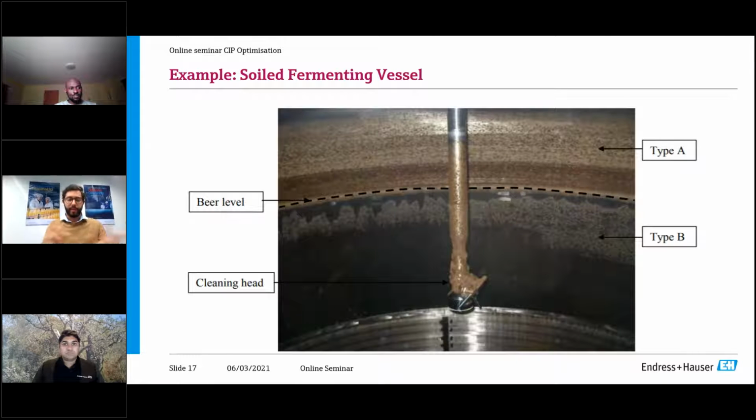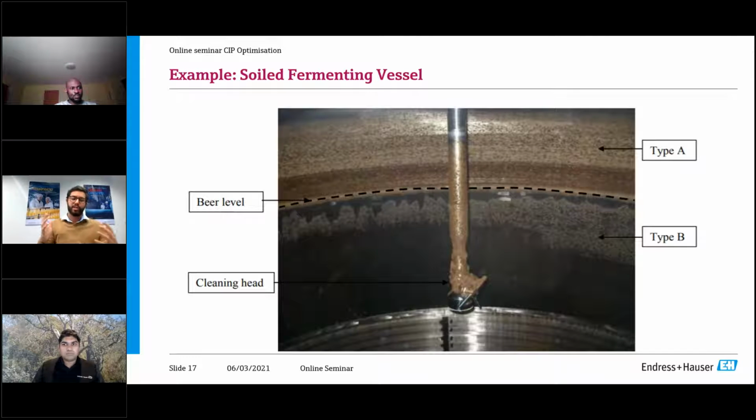Okay. So here we have an example of a tank. If you judge by the bottom of the tank, by the lower area of the tank, you can see the sensor, the tank is clean. But if you look at the upper area, even though you have a spray jet here, you can also see that there is some soiling at the top area of the sensor.